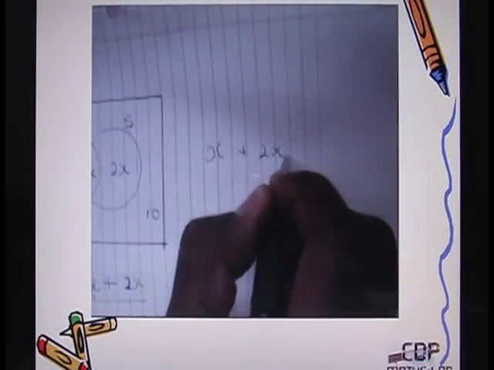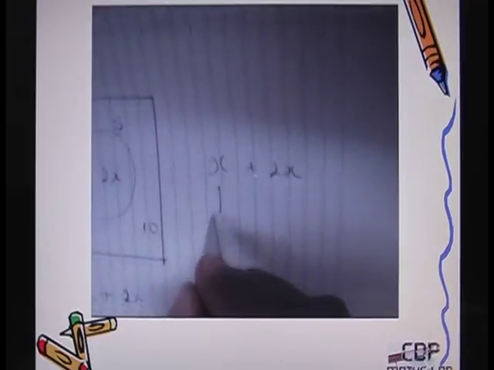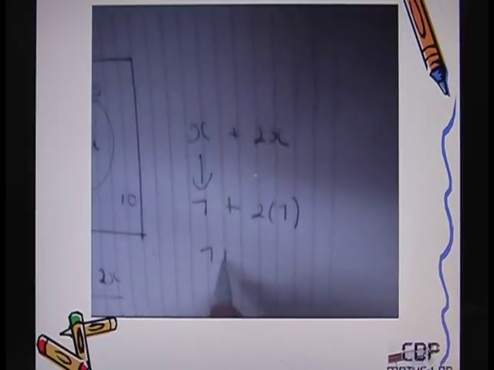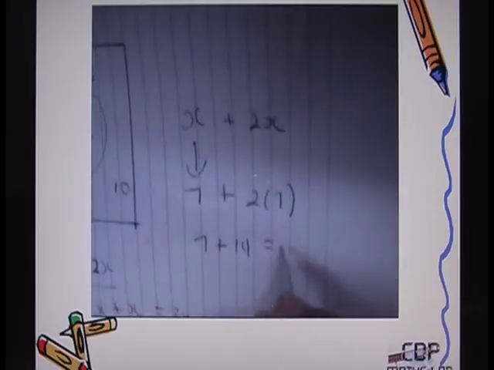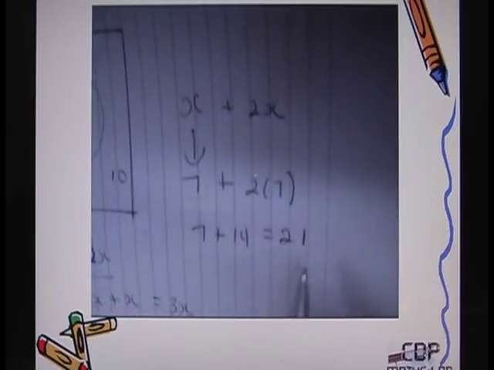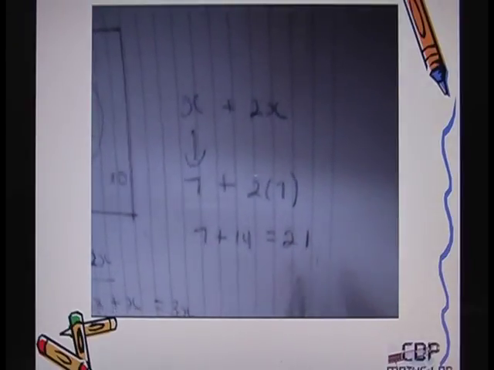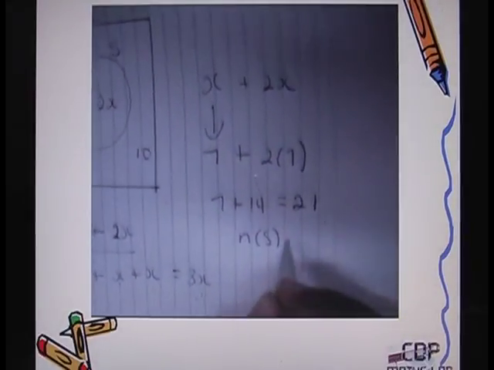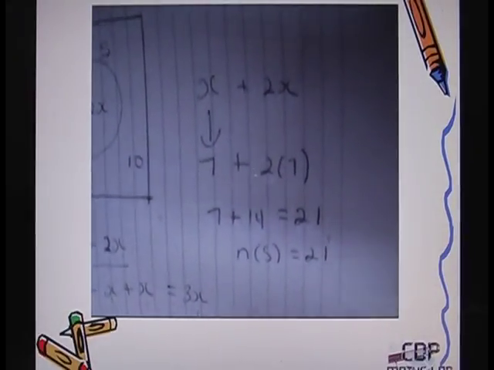So X plus 2X becomes 7 plus 2 times 7. So we'll have 7 plus 14 is equal to 21. So 21 persons pass Spanish. So again, the number of persons who pass Spanish is equal to 21.